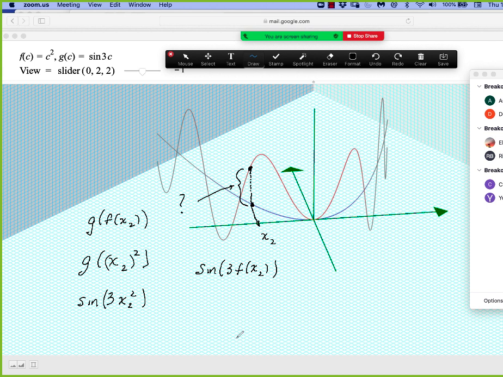What about using y or z? So these are all good ones for just using x2. But what about using y or z?